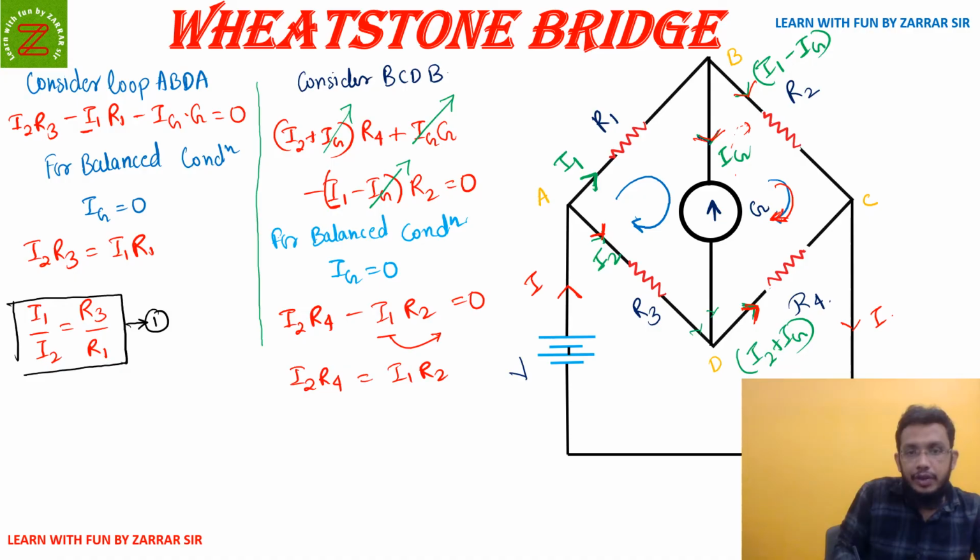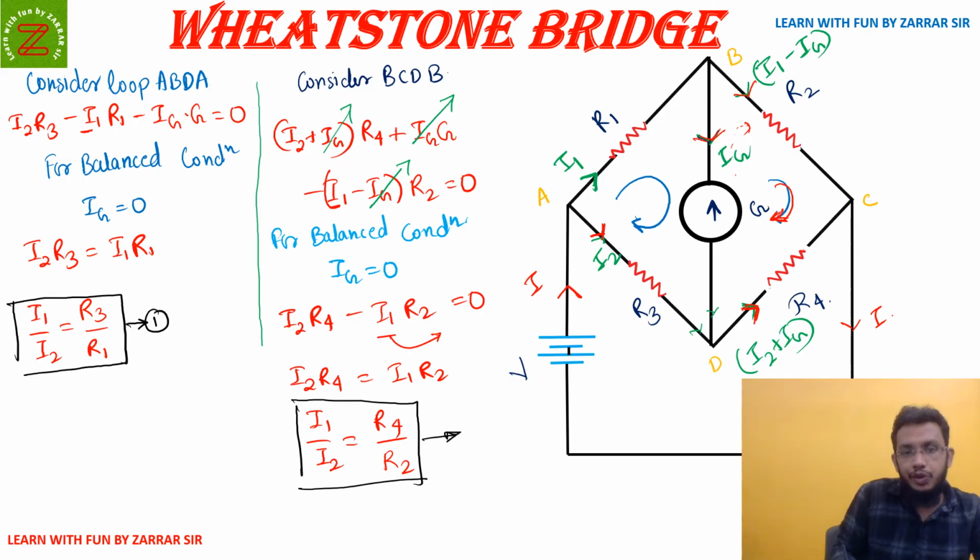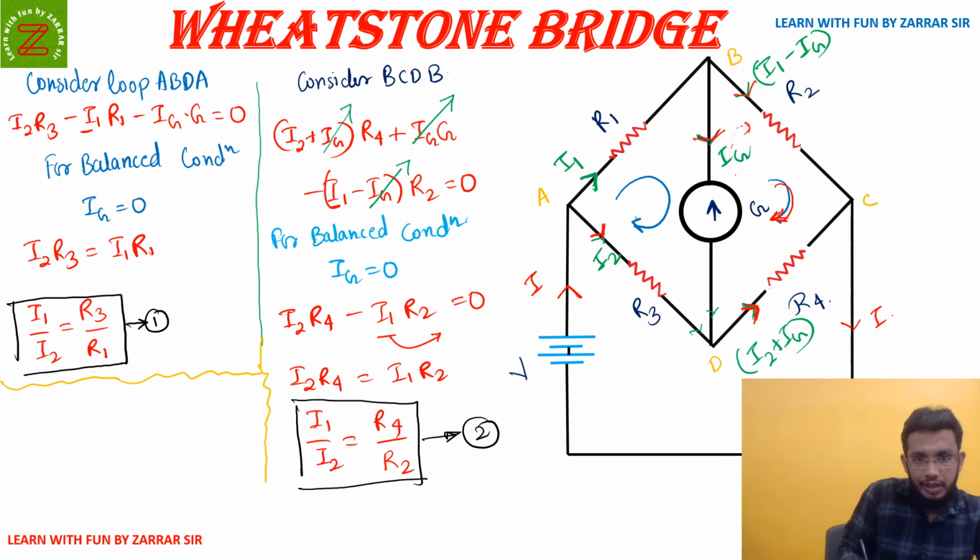Okay. Now similarly over here I can write I1 upon I2 equal to R4 upon R2. Okay, this will go to that side and I2 will come towards this side. So I'll name it as equation number 2. So this equation is my equation number 2. Now if we relate equations 1 and 2, I can directly write, so this is the best part, the final equation, which is very important.